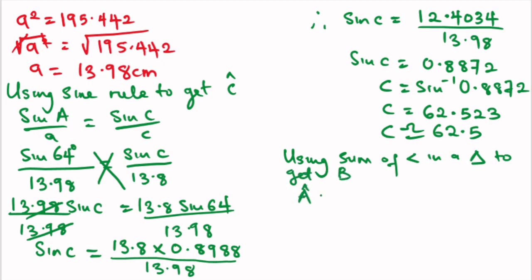So angle A plus angle B plus angle C will give us 180 degrees.